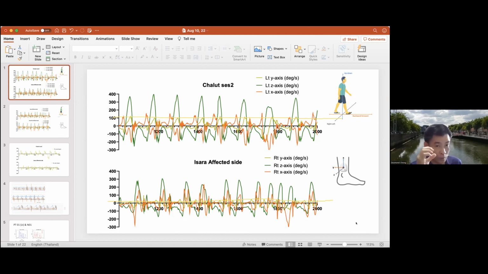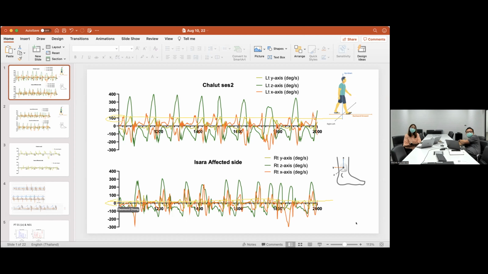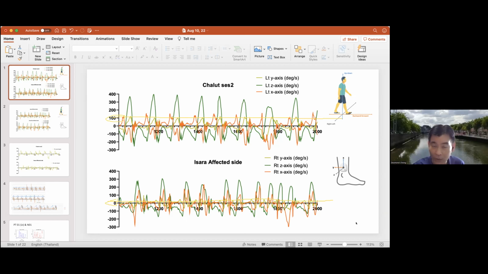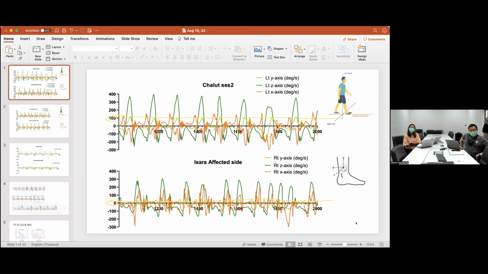Then you can say that when you want to implement this device to measure the stroke patients' kinematics, you can ignore the y-axis responses. But the first data that I'm looking at is around 100, versus over here it's around 20. The magnitude might be quite big, right? Maybe there are differences in all directions.